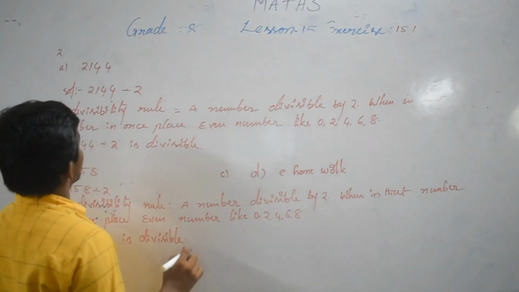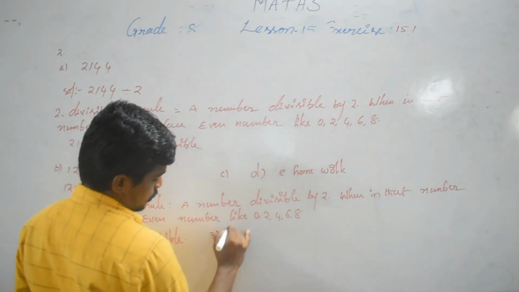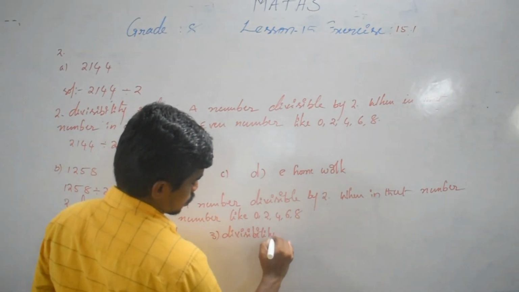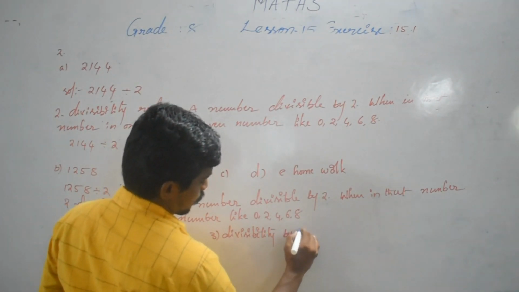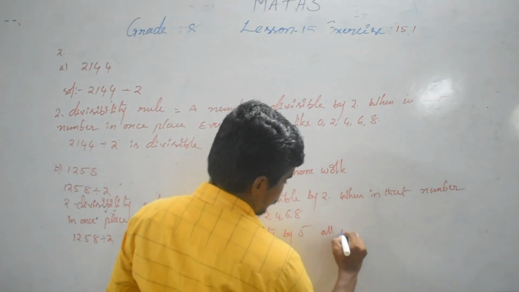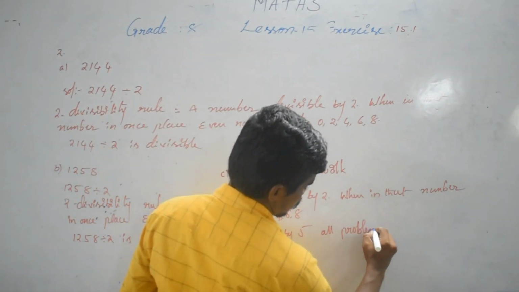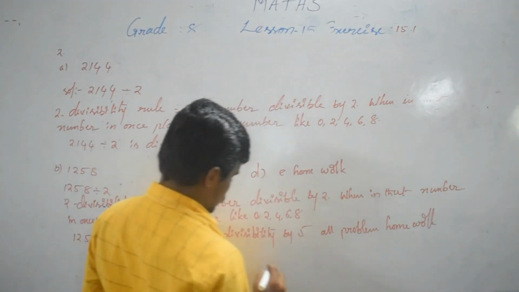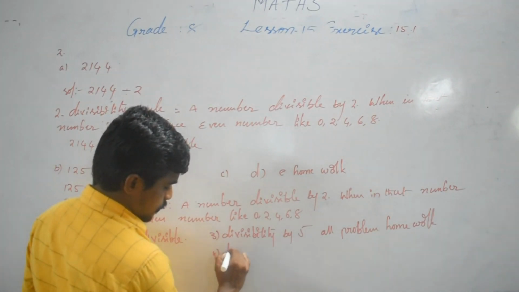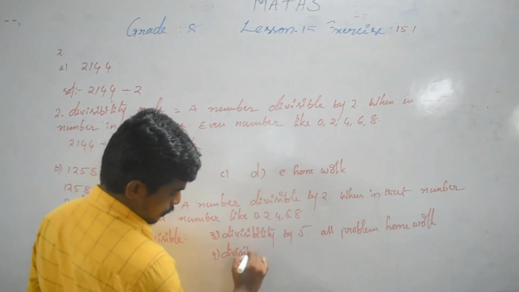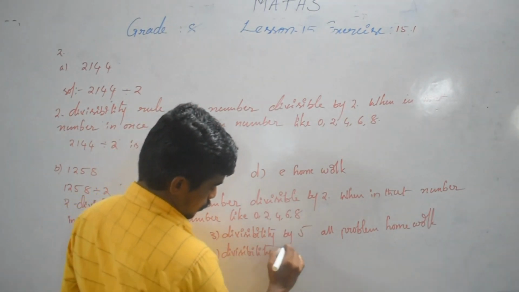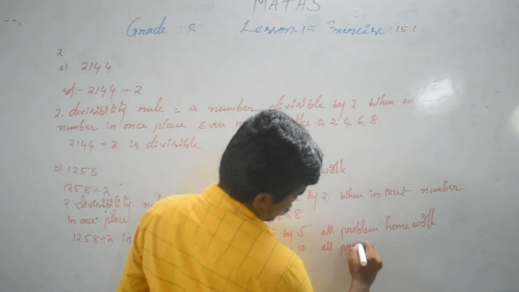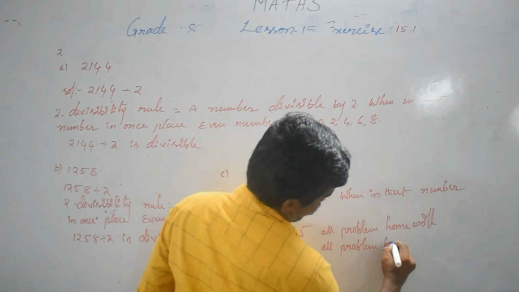Next one, third Roman, divisibility by 5, all problems homework. Next, divisibility by 10, all problems homework.